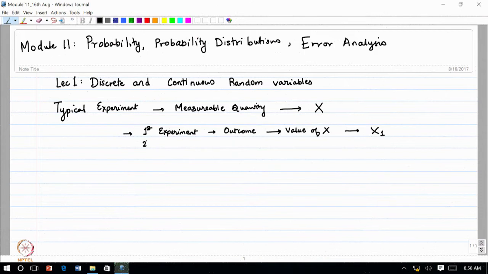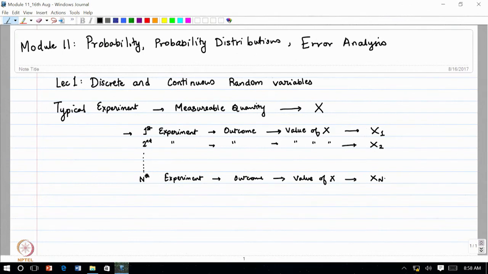Similarly, if you do the second experiment, the value of x in the second case comes out to x2. You do this many times. Let us say you do the nth experiment, the outcome or the value of x is xn.